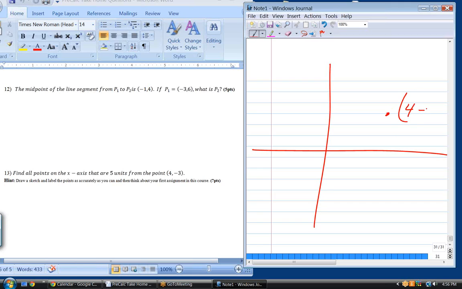I can approximate it. I didn't approximate that very well. Here it is on this side. So they want all points on the x-axis that are 5 units from that point.